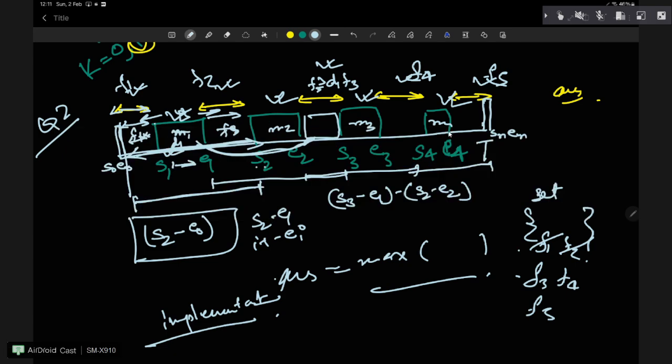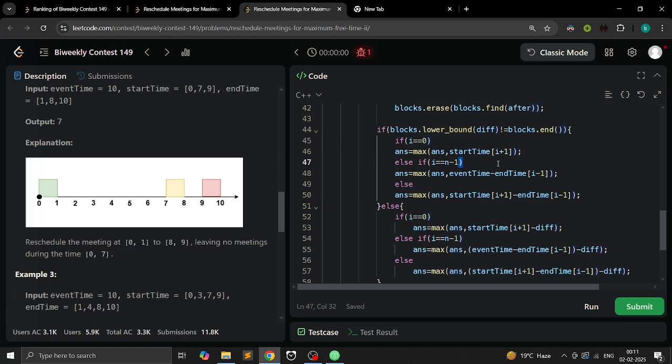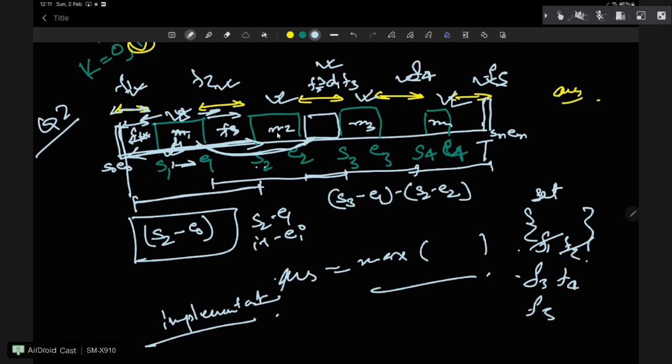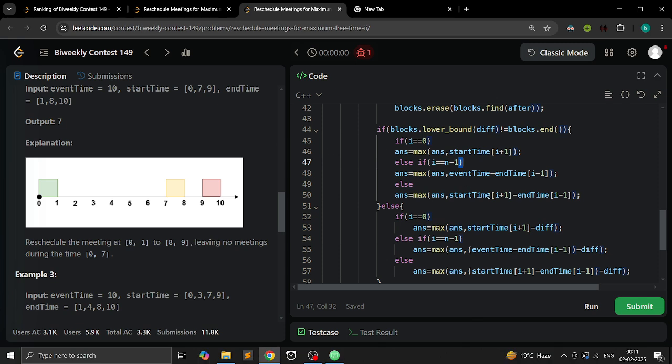If it is the last element, then removing this, the end time of i minus 1 to the event time would be my answer. Otherwise, removing M2, it is the start time of i plus 1 minus the end time of i minus 1. This would be the answer if the current meeting can be accommodated somewhere else.